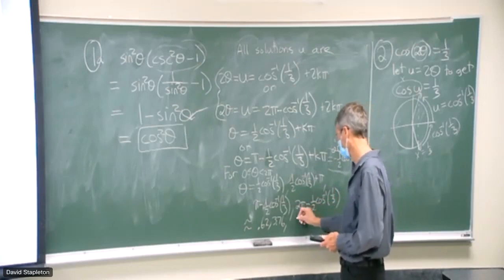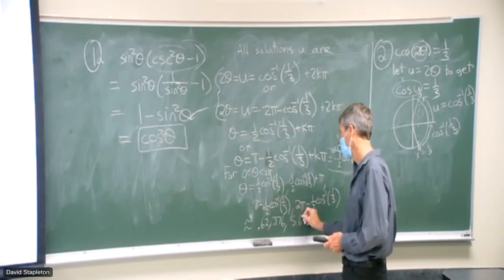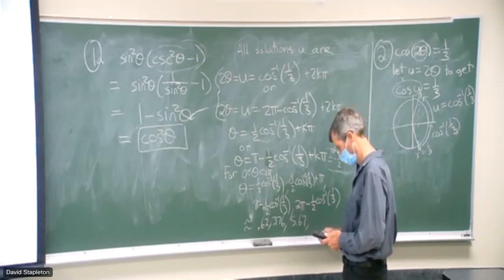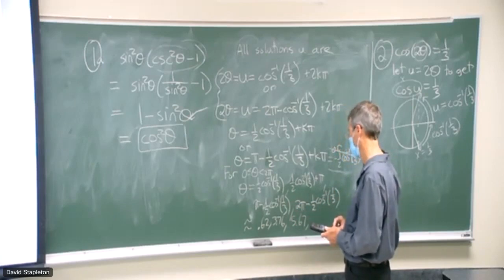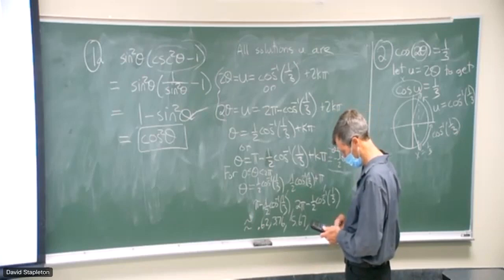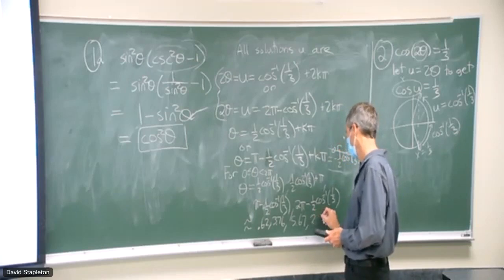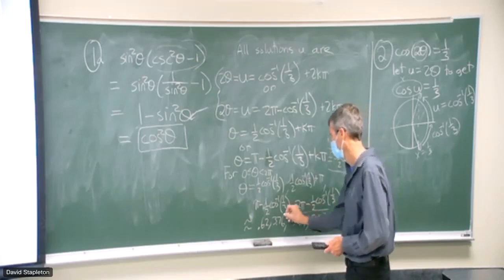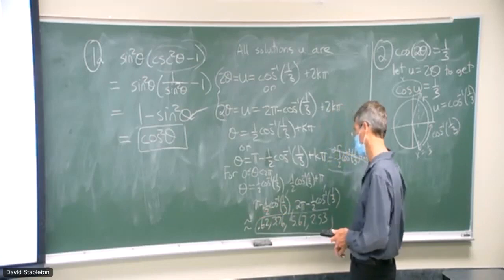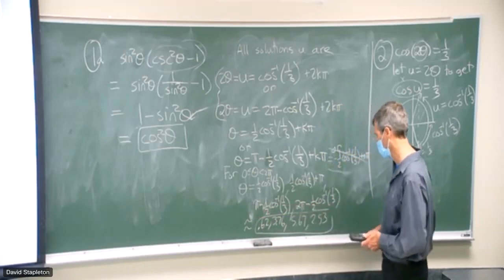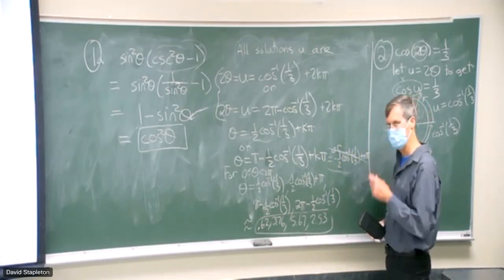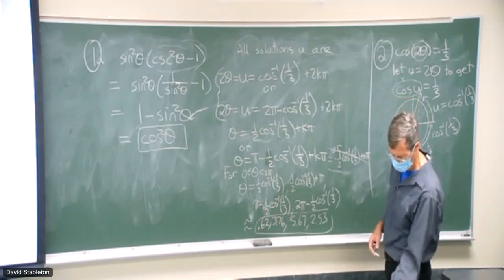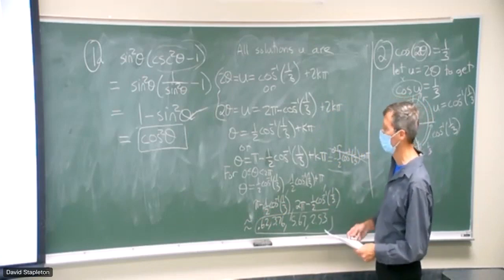The 2 pi minus this was 5.67, and the other was 2.53. So there's 4 different answers for that one, if you calculated these things to decimal places. That's probably the hardest task.